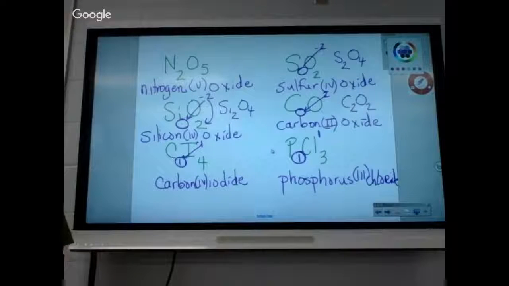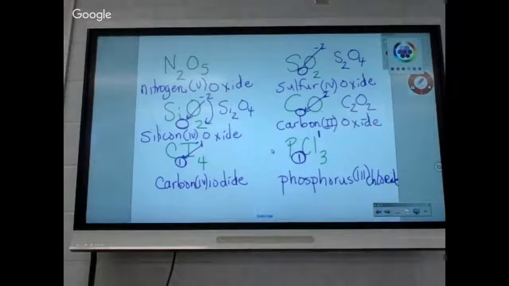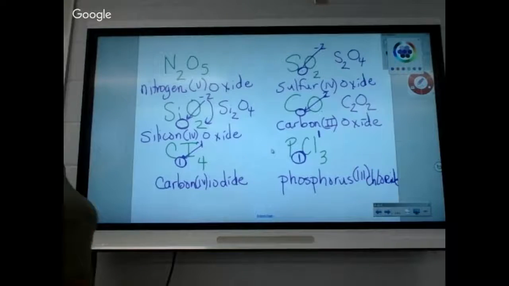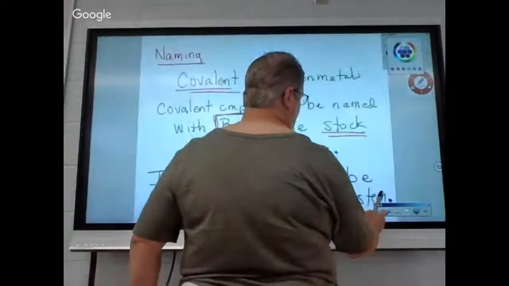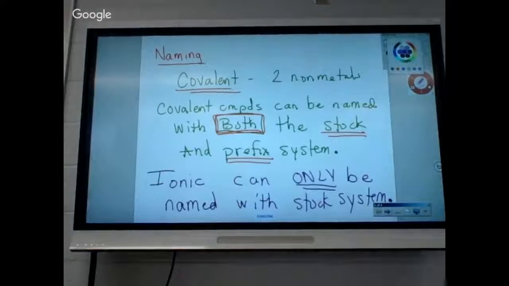Now, I'm going back to the first slide to emphasize something again to the people who were here and to point out again for the people who will get it out of their notes because they weren't here. Covalent compounds can be named how many ways?